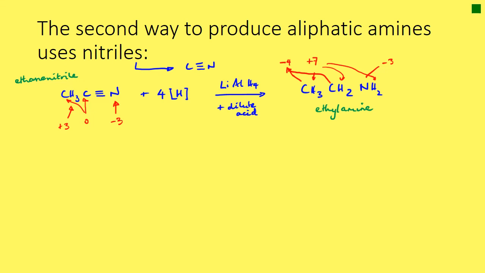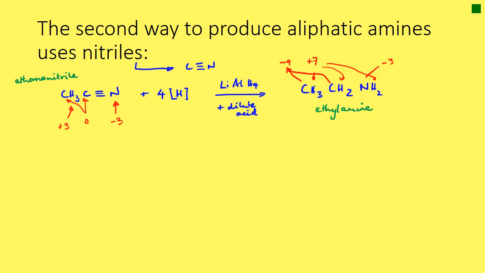So that means these 2 carbons here are going to be -4 together. So they've gone from 0 to -4, which is how you can say it's been reduced. And it's been reduced by adding all those hydrogens.